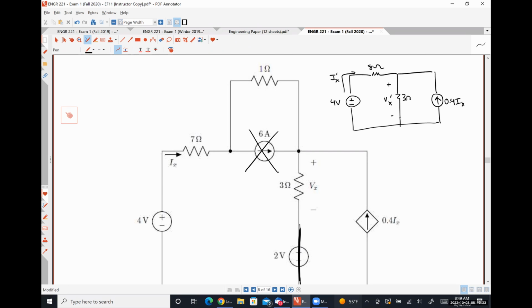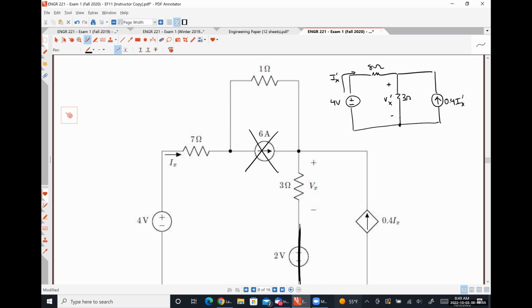All right, so I guess I would just use Kirchhoff's current law at that topmost node, right?